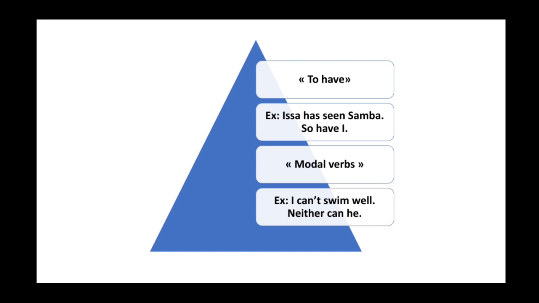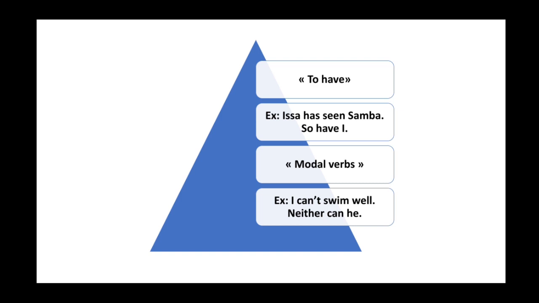To have can be viewed like an auxiliary verb, but it can be viewed also like an ordinary verb. If we consider to have as an auxiliary verb, in that case we use to have as the helping verb. And if we use to have as an ordinary verb, so we use do as the helping verb. I think it is clear.